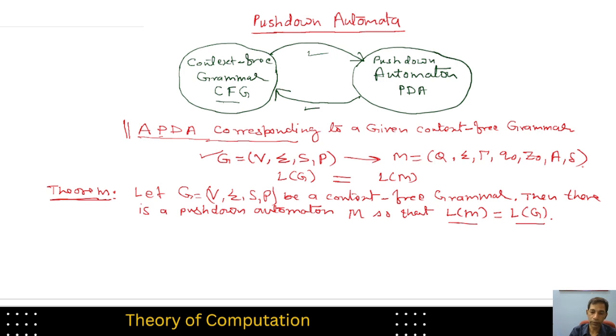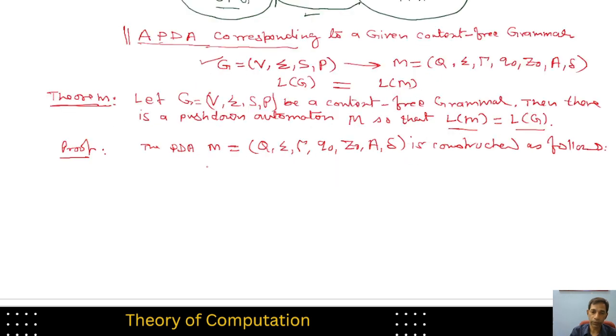Whenever you convert the grammar into the PDA, the PDA M = (Q, Sigma, Tau, Q0, Z0, A, delta) is constructed as follows. For construction, we need to see what the states of the PDA should be.